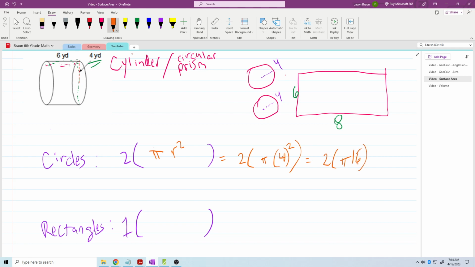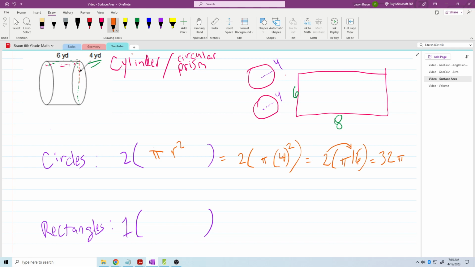And here's what you got. Now, 2 times 16 times pi. Well, you can simply distribute the 2 here to get 32. And I'm going to leave things in terms of pi.